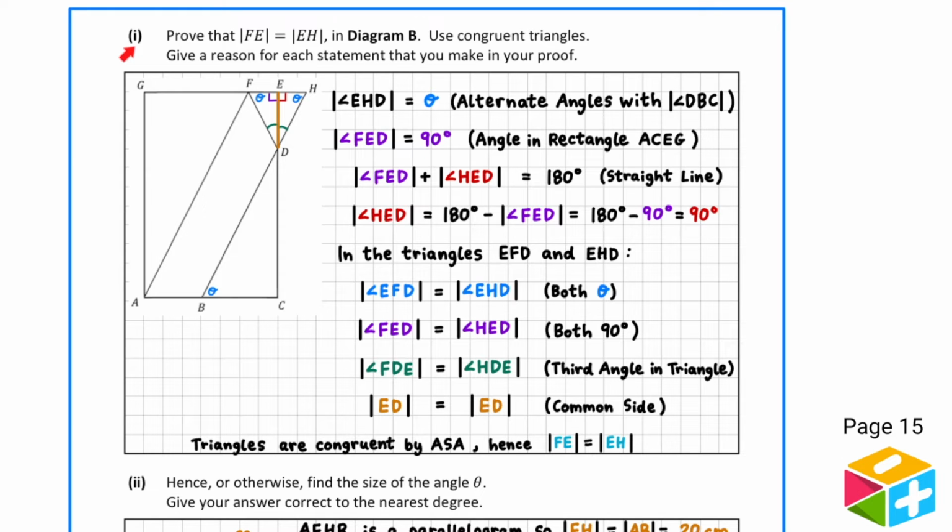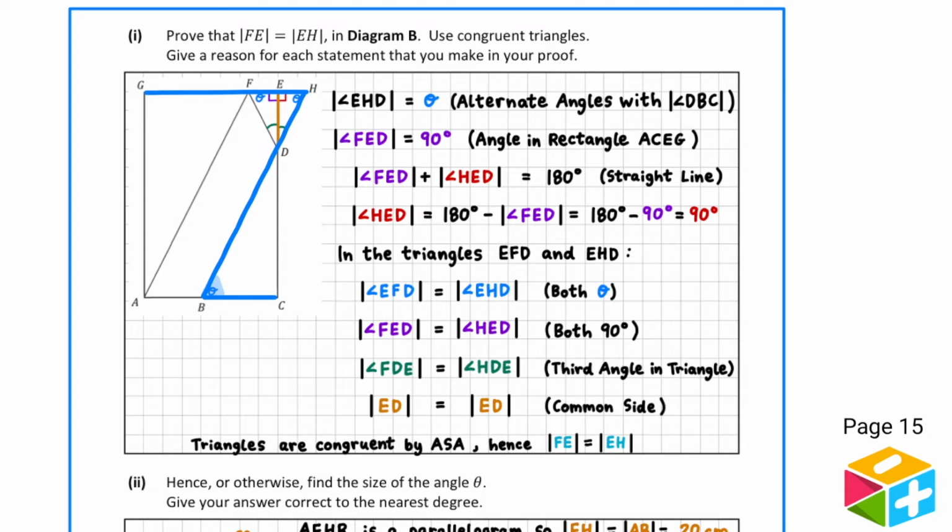In B part I, we must prove that the length of FE is equal to the length of EH. And we're told to use congruent triangles in our proof. In diagram A, the angle DBC was labelled with theta.